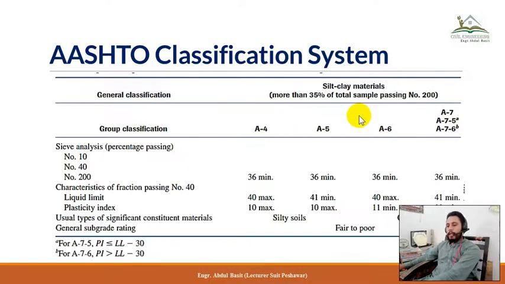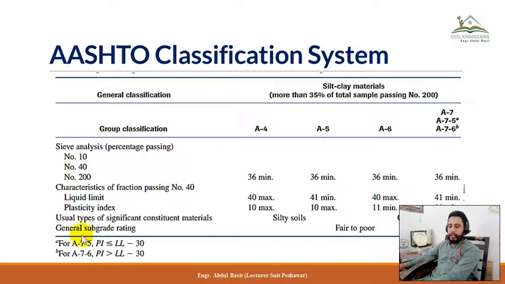In the next table, for silt and clay, the fine materials, you can see the number 200 sieve is giving us a passing percentage greater than 35%, which is 36 minimum, 36 minimum and 36 minimum. So this table is for fine materials. In this table we have four classification groups, and in A7 we can have A7-5 and A7-6.